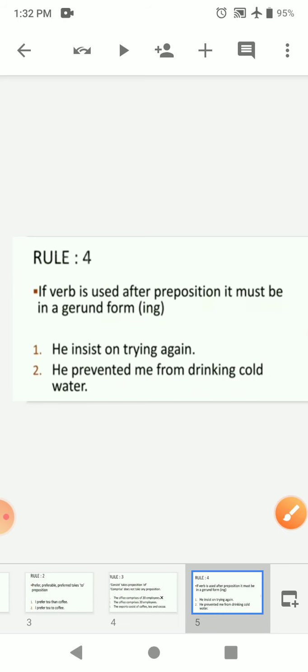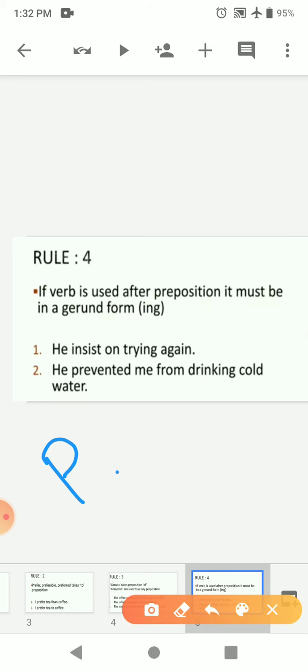Then we have rule number 4. If a verb is used after a preposition, then it must be in gerund form. It means if we have a preposition in a sentence and just after that is a verb, the verb will be in ing form.